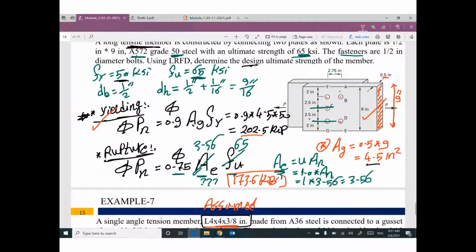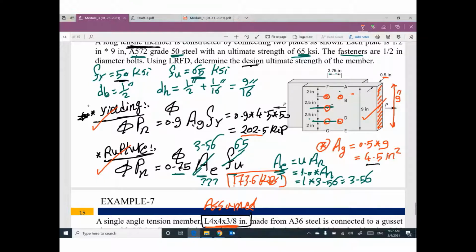This member using these bolted connections to satisfy rupture can support only 173.6 kips. So what is your final conclusion?